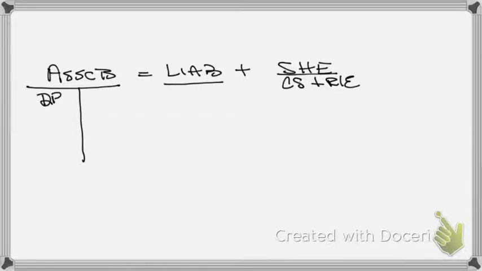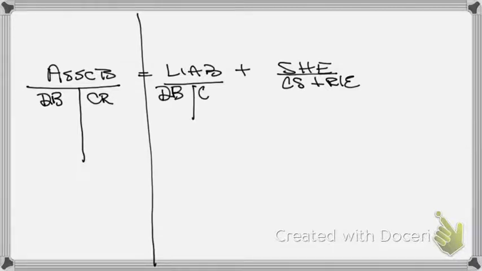And so assets, and we're always going to have this line down the middle. And then regardless of what side of that line you're on, debits are always going to be on your left and credits are always going to be on your right.